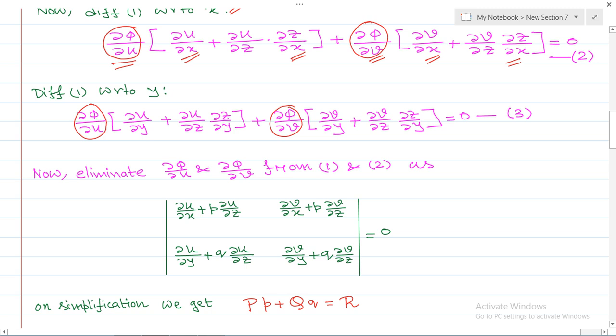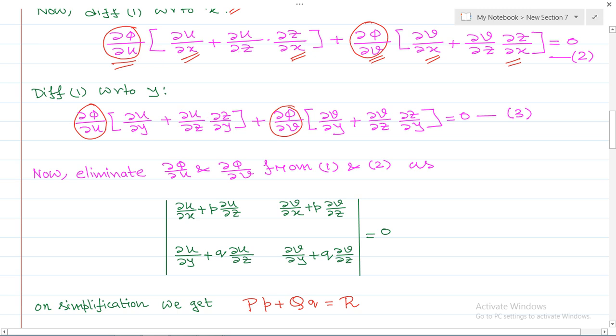We know from our determinant concept, that we have learned in our class 11-12 while finding the solution of the linear homogeneous equation, that it can be found by just making the determinant of the coefficients of del phi del u, del phi del v equal to 0.